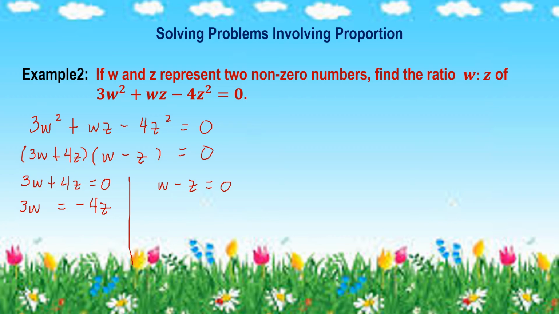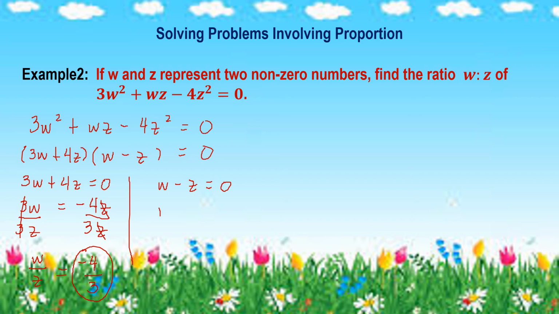To get the ratio w is to z, we divide both sides by 3z. So therefore, on the left side, we have w is to z, and that is equal to, while on the right side, z can be cancelled, so we have negative 4 is to 3.